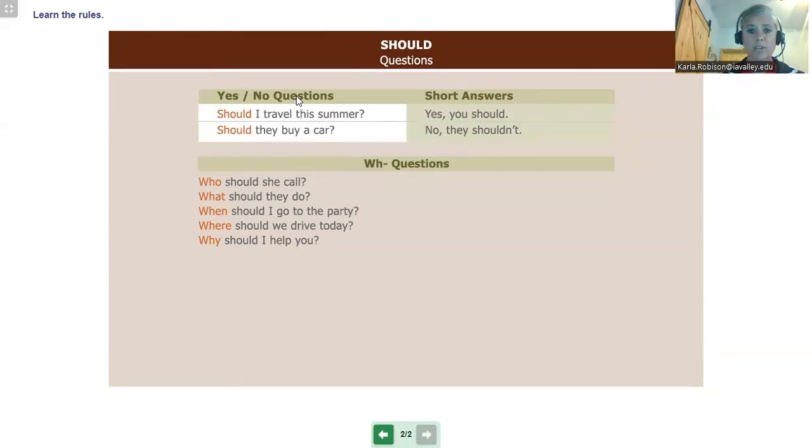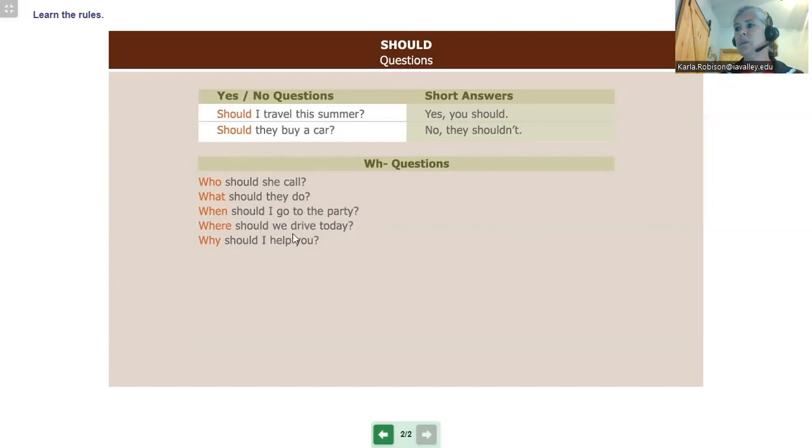Now, what if I want to use a WH question in it and ask a little more open-ended question instead of getting a yes or no answer? Okay, so you're always going to put that WH question word at the very beginning of the question. And that should be followed by should. Who should she call? What should they do? When should I go to the party?